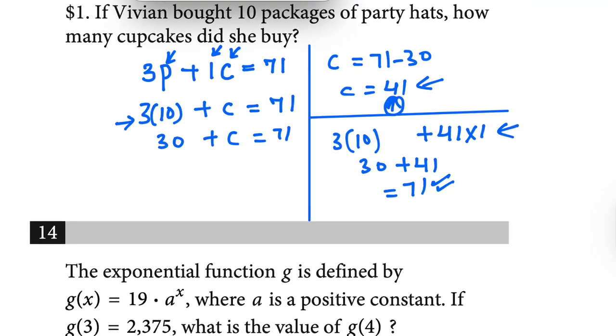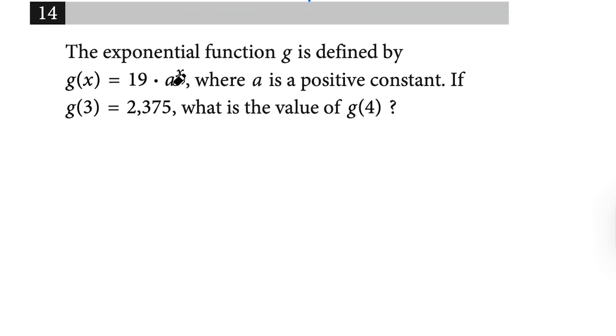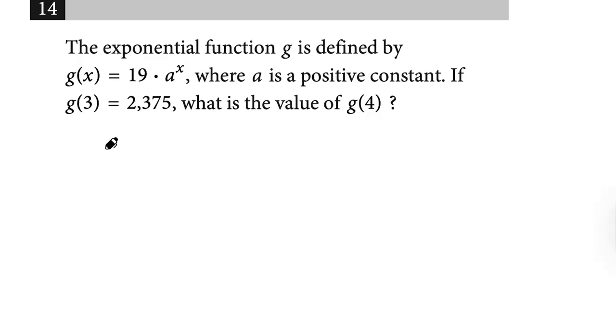Let's come to question number 14. The exponential function g is defined by g(x) equals 19 times a raised to the power x, where a is a positive constant. If we see this equation, g(x) is the output. Whatever the situation is, this number is always the initial value.